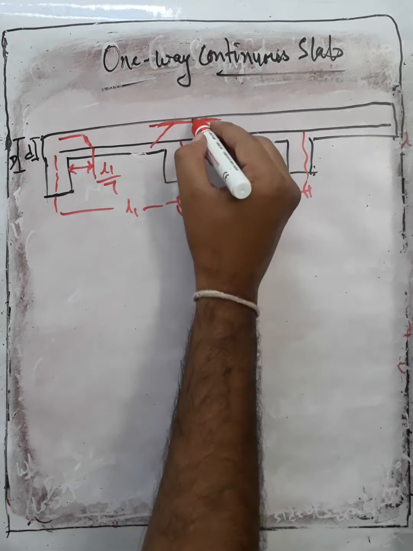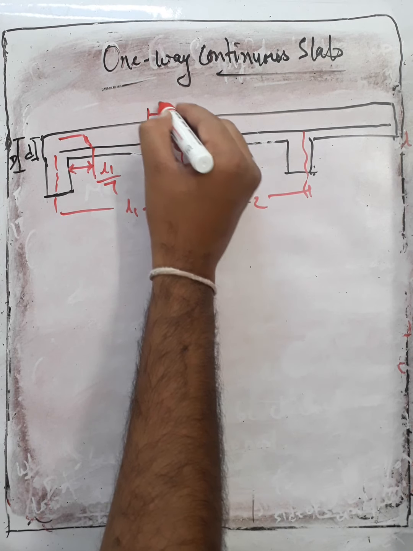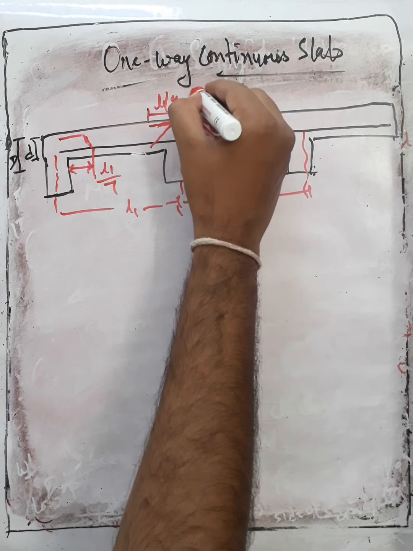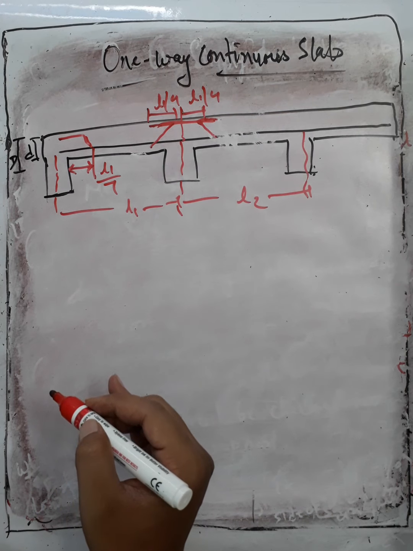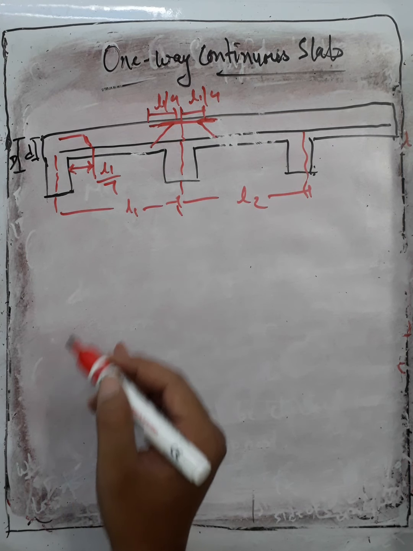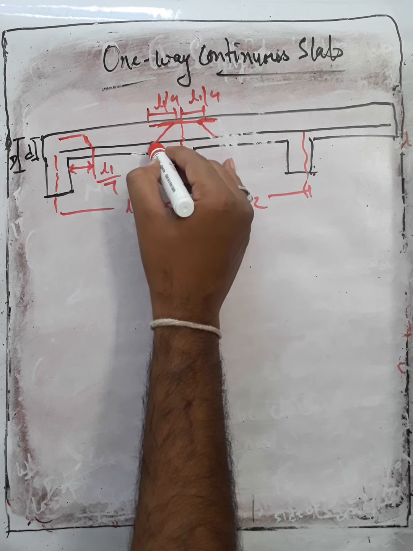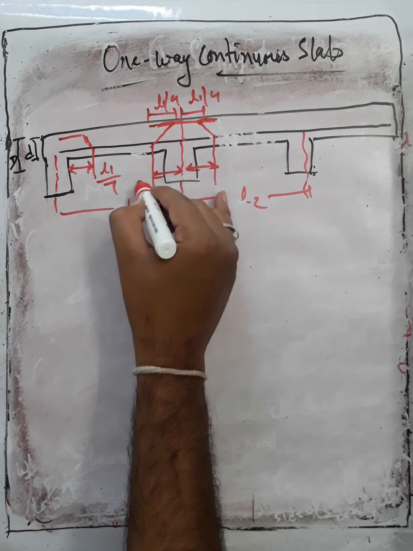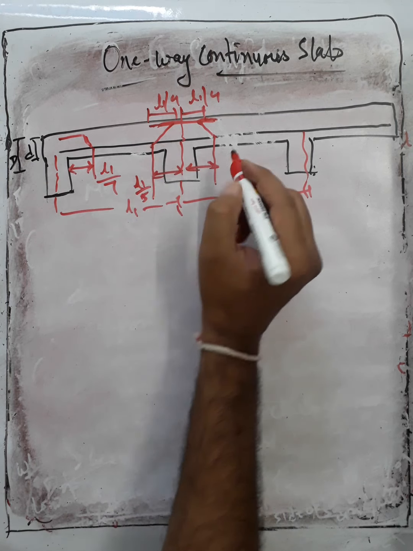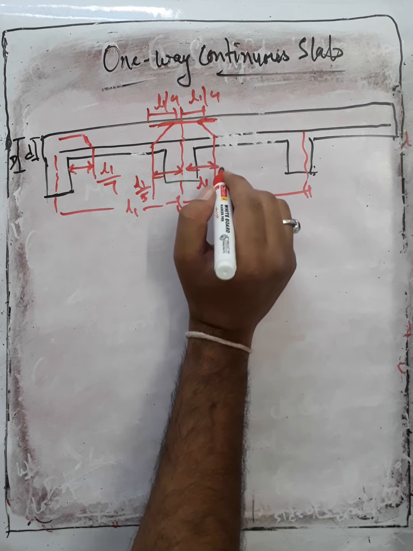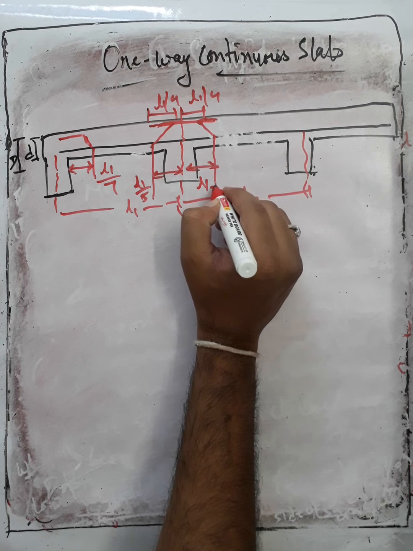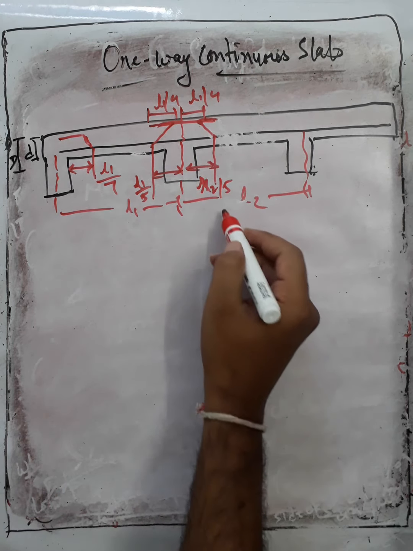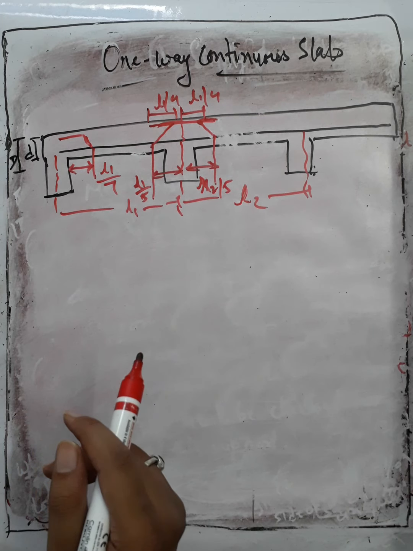So this distance is L1 by 4, and this is also L1 by 4, this distance, okay, and from here to here and here to here we say L1 by 5, and here we say L2 by 5, because here our length is L2.